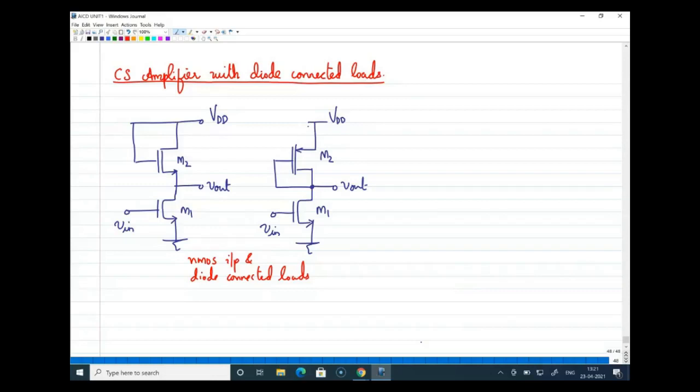I think my question is clear. NMOS input and NMOS diode connected is here. Similarly, NMOS input and PMOS diode connected is here. Now my question is to draw PMOS input and NMOS diode connected, and PMOS input and PMOS diode connected. If any one of you have drawn the circuit, please do let me know.